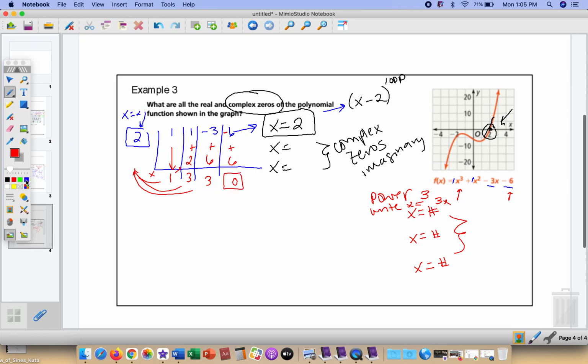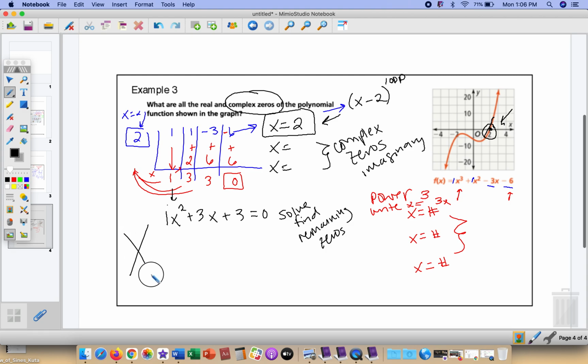Now I need to go back and check because there shouldn't be a remainder because x equals 2 is a 0. It does go in evenly. Now when we write our answer, we drop a degree, so we have 1x squared plus 3x plus 3. So we're now going to set this equal to 0 to solve and find the remaining zeros.